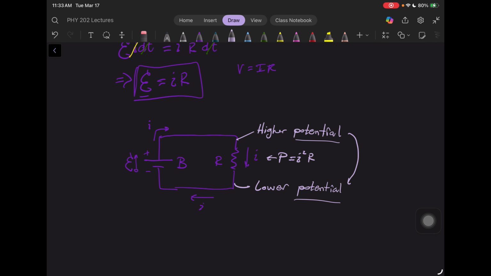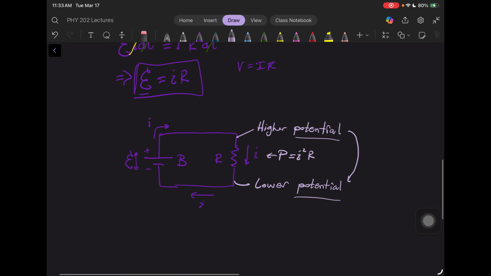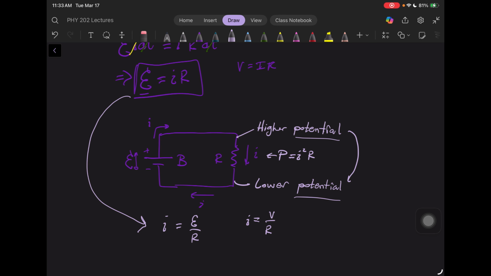Okay. So we have that. That's all fine and good. And if we wanted to solve for the current in this circuit, we would just rearrange this and say I is equal to the EMF over R. Or, I is equal to V over R. But for this chapter, we'll stick with the E for EMF.